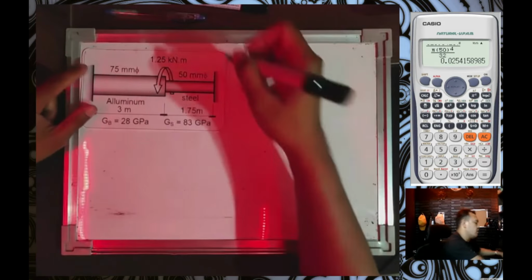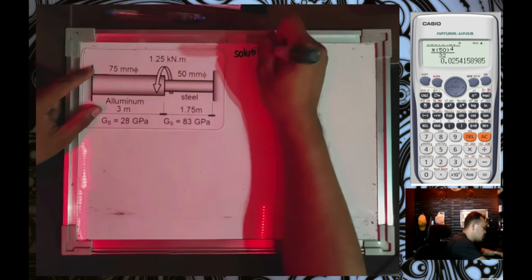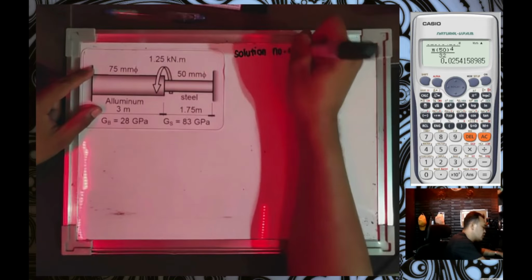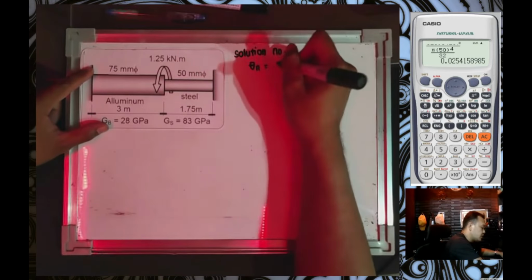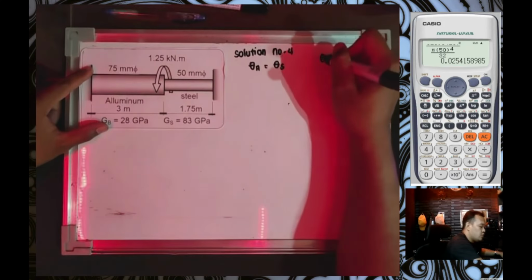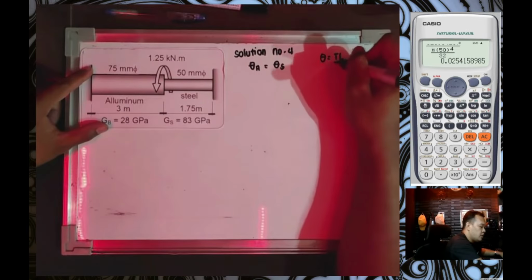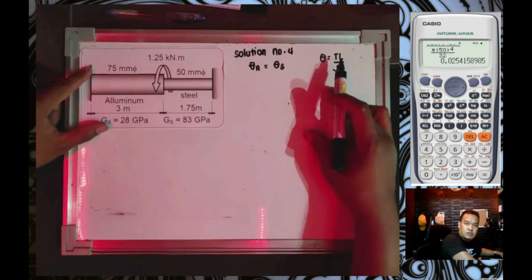So let's have this solution. Solution number 4. So angle of twist for aluminum is equivalent kay angle of twist for steel. And angle of twist is equivalent kay TL over JG. T is the torsional force na nag-act dun sa material.